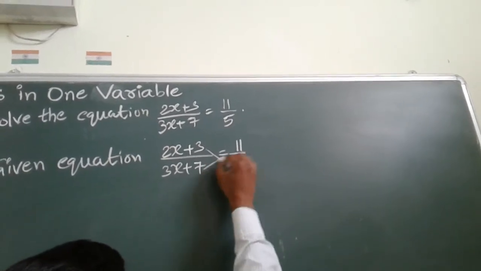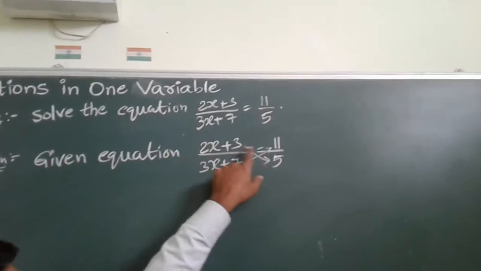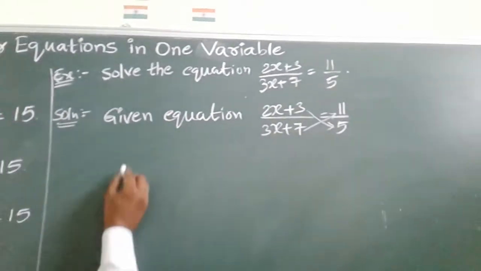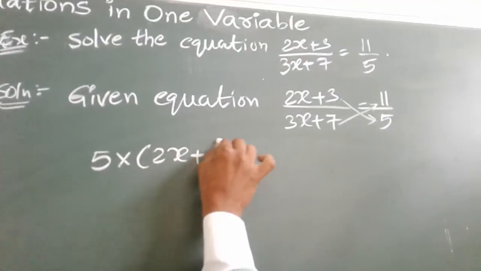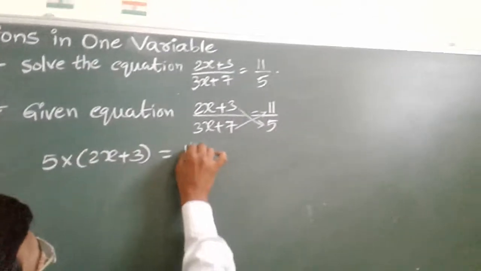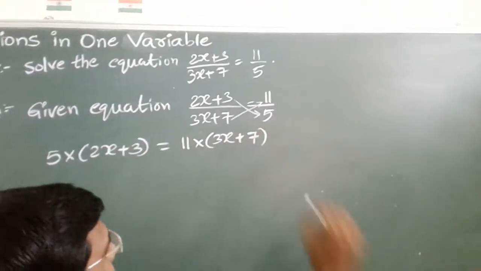So again here you can apply the crisscross method. Such types of questions we can do only by the crisscross method. So first multiply 5 into 2x plus 3 is equal to multiplying 11 with this denominator 3x plus 7.